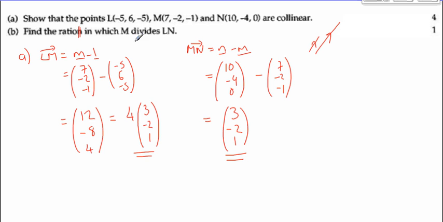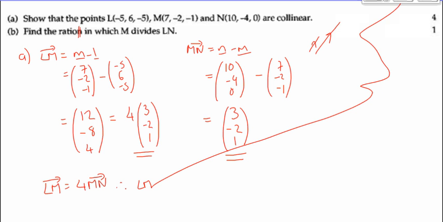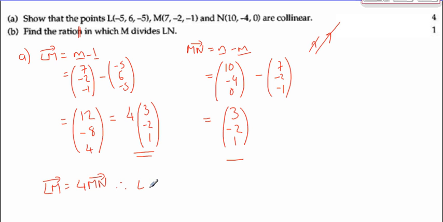Now, you've done your work, you just need to make your statement, and your statement needs to be good. Okay, firstly, you need to state the ratio. So LM is 4 lots of MN. Okay, to get this vector here, we do 4 times that vector. Therefore, let's use the fancy therefore with 3 dots, LM is parallel to MN.